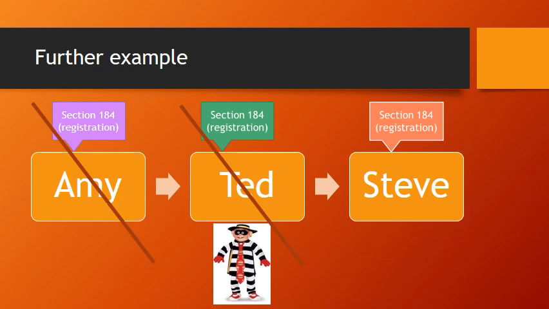If Steve is just sitting on his own and is what we call a bona fide purchaser for value without notice, that is, in good faith, he's paid good money for it, and he hasn't had any notice. Not that notice would make any difference anyway, because as we saw under section 184, subsection 2, notice of an unregistered interest doesn't make any difference. Anyway, let's move on. But you get the point that Amy can sell to Ted, or Ted can obtain his interest fraudulently, and as soon as it is registered, she loses it.